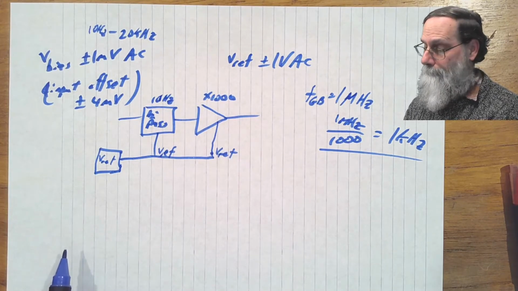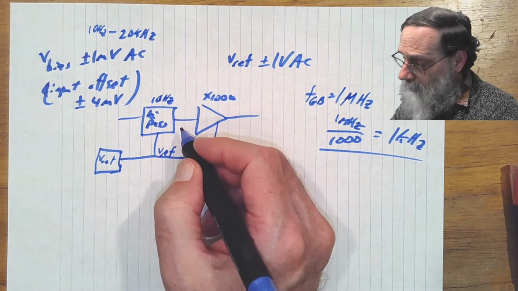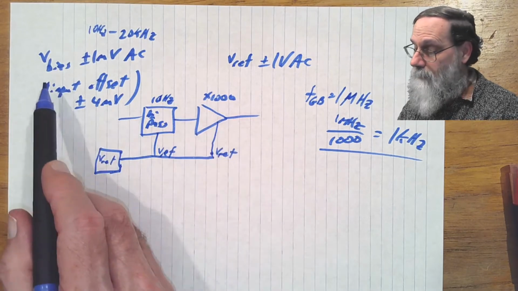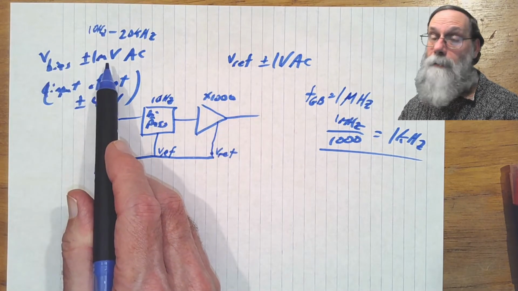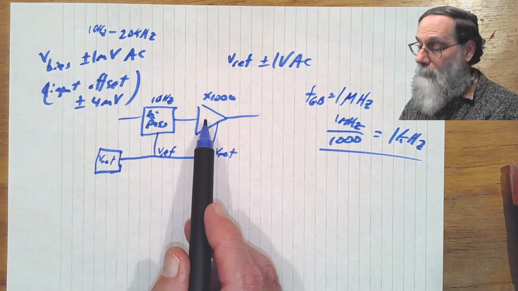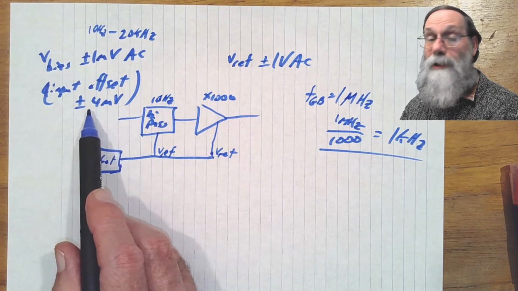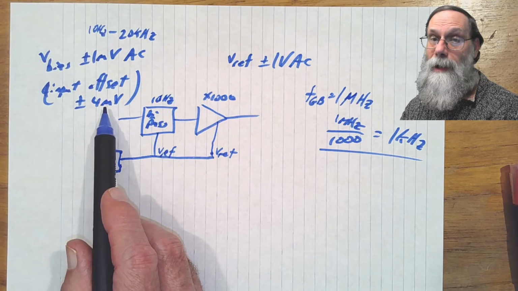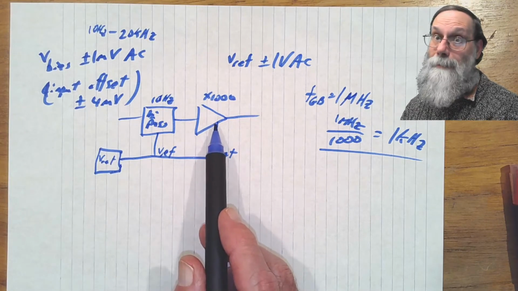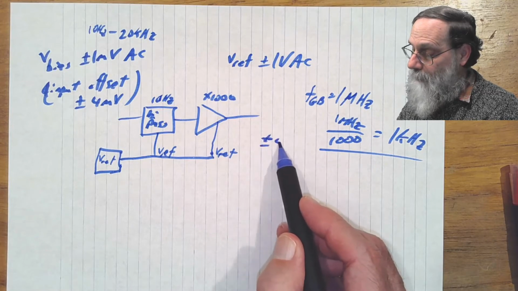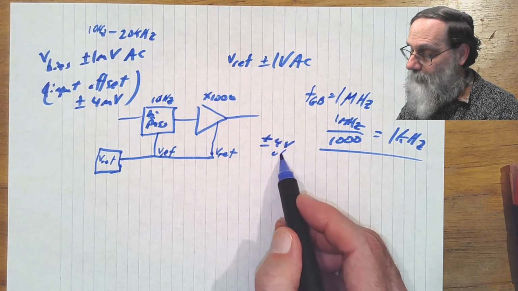There's another problem here in that the signal that comes out of this high-pass filter will be centered at Vref. So it'll be Vref plus or minus 1 millivolt AC. But the amplifier itself is going to add plus or minus 4 millivolts to that. And when we multiply that by 1,000, we've got a plus or minus 4 volt offset at the output.